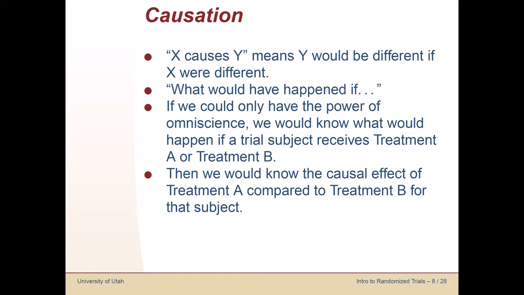Okay? Now, if we could only have the power of omniscience, we would know what would happen if a trial subject receives treatment A or treatment B. And with that information, we would then know the causal effect of treatment A compared to treatment B for that particular subject.